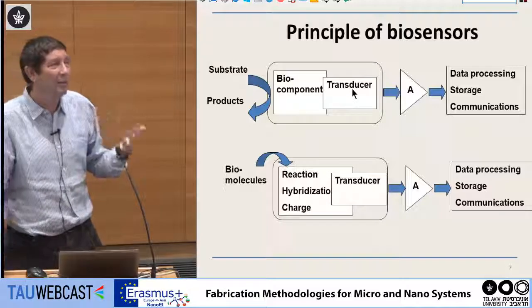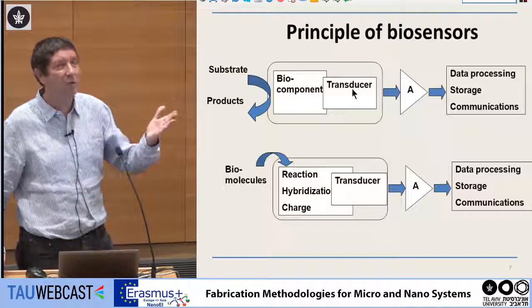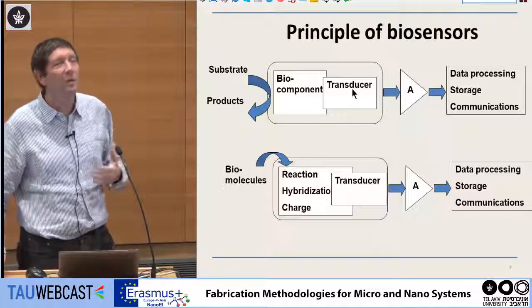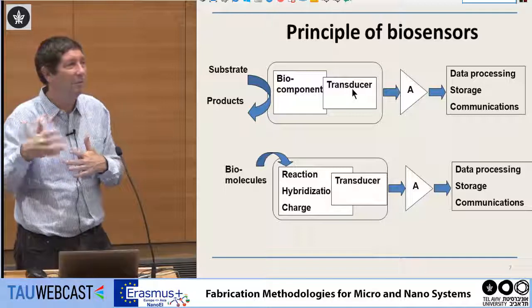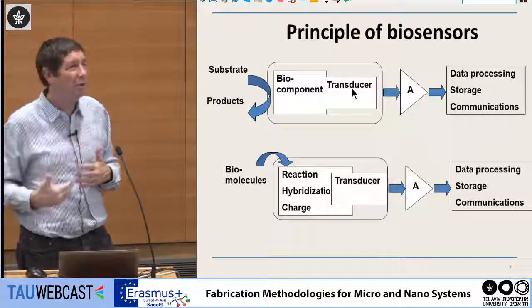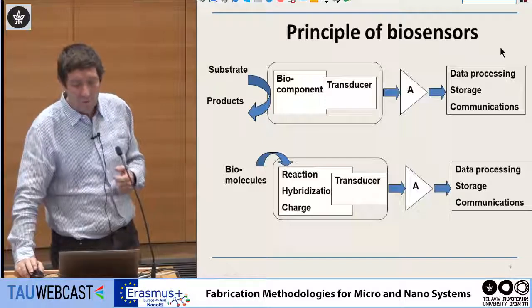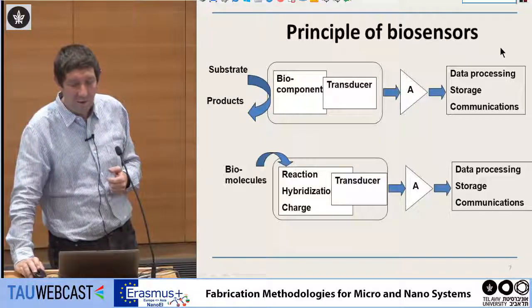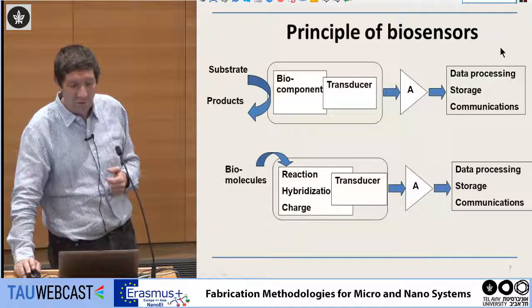Or I can reduce it. I can actually put an electrode, and H2O2 really wants to be converted to H2O and oxygen. So I can apply a potential to encourage the oxidation reaction. Then I take the current flowing and amplify it, do data processing and storage.